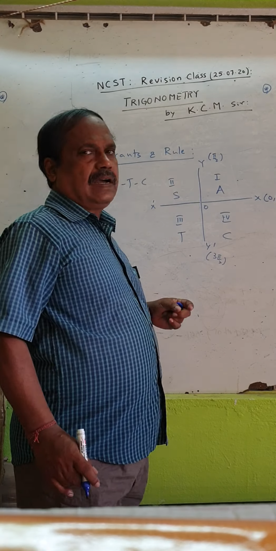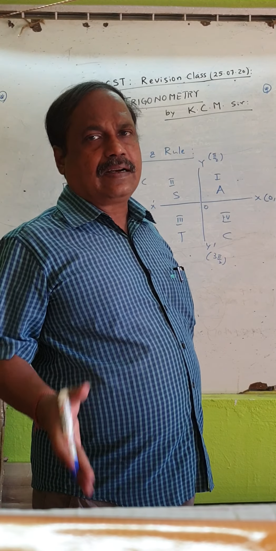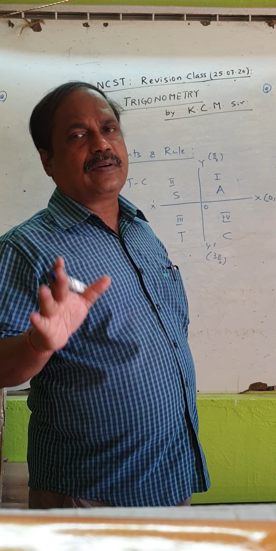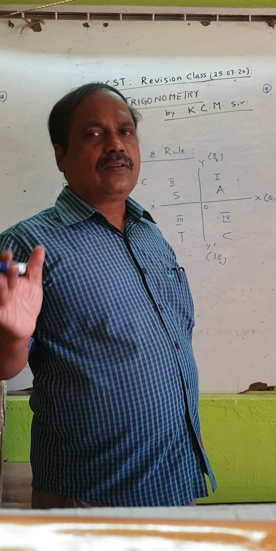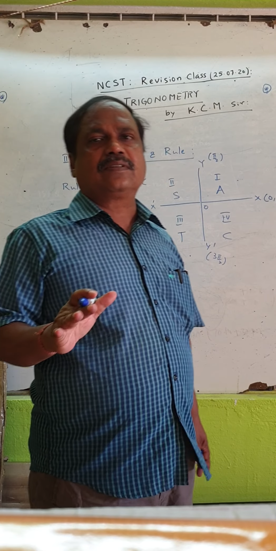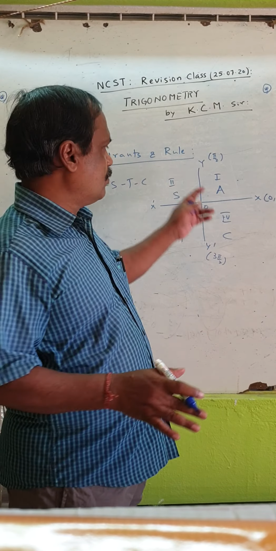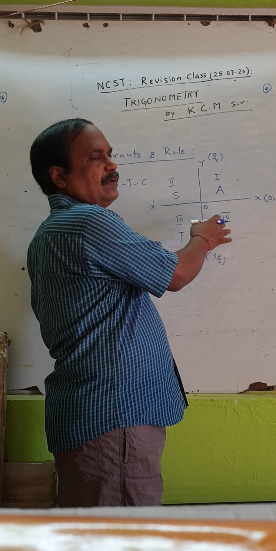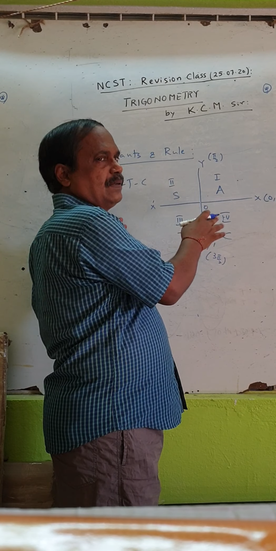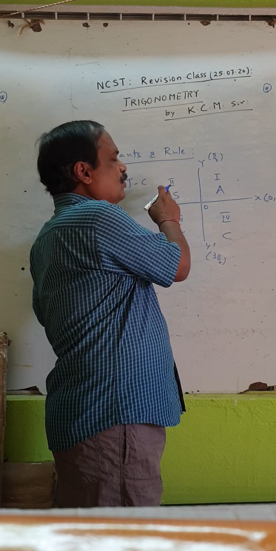I told you earlier that there are basically three trigonometric functions: sin, cos, tan. The other three are their reciprocals, so the reciprocal functions behave in the same manner. Here in this quadrant, all positive means sin, cos, tan positive, then cot, sec, cosec positive. Here sin positive means cosec positive.